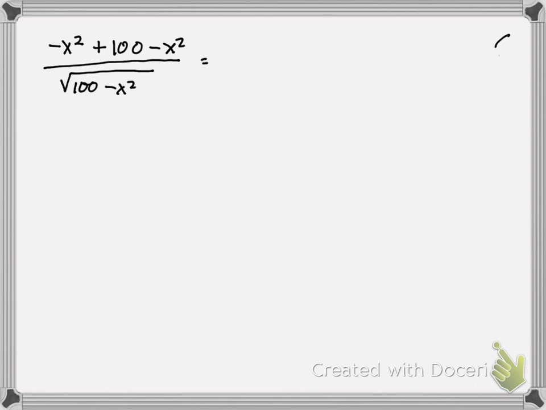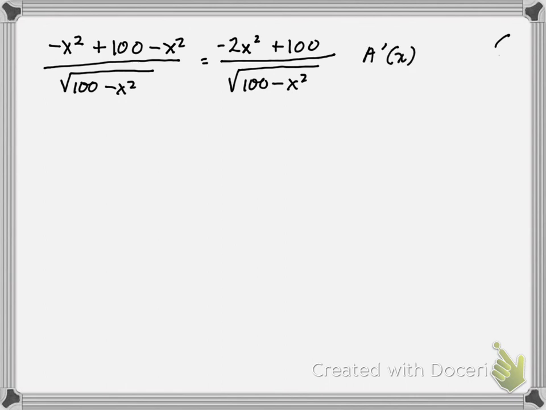Since I have negative x squared plus another negative x squared, I get negative 2x squared plus 100. And this is all over the square root of 100 minus x squared. Okay? That is the derivative of the area function.